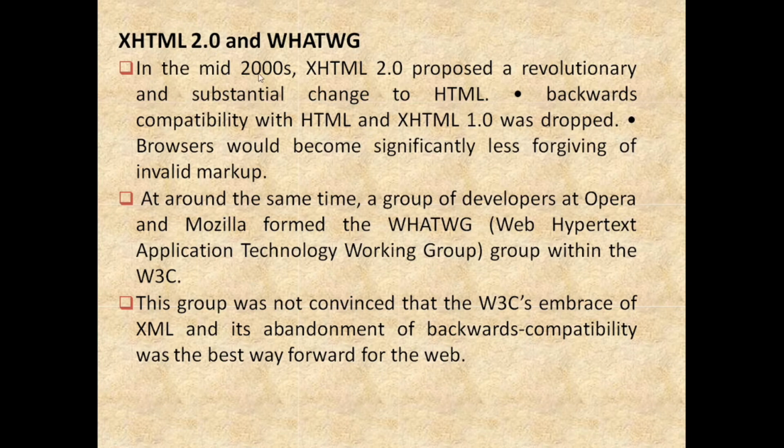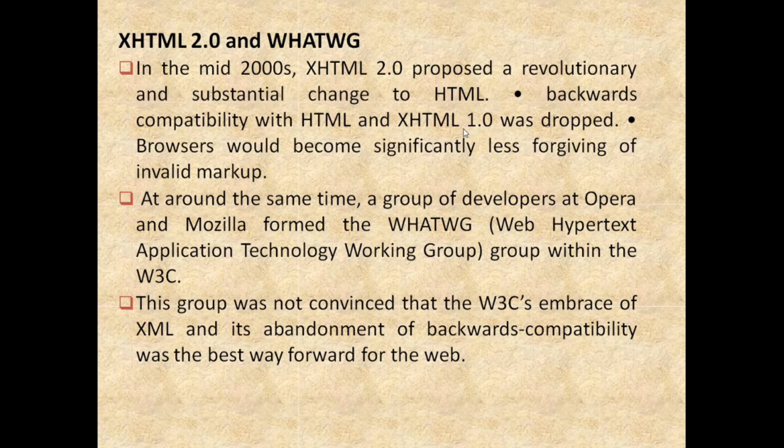In the mid 2000s, XHTML 2.0 proposed a revolutionary and substantial change to HTML. Some changes were brought into XHTML 2.0. The first change was that backwards compatibility with HTML and XHTML 1.0 was dropped. That means if you have written code using HTML and some more rules of XHTML 1.0, changes from HTML to XHTML 1.0 were allowed.